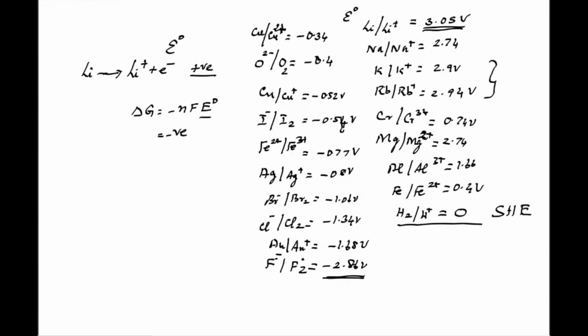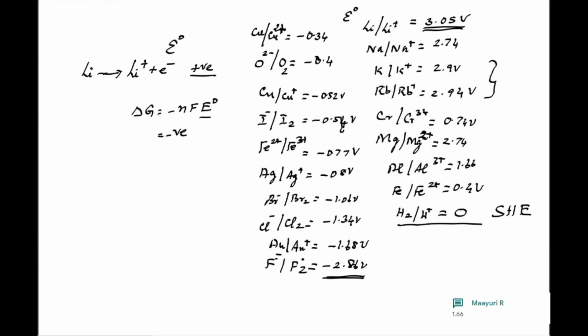Your main aim is, whatever potential is given, convert it to the oxidation potential, because we are practicing only in terms of oxidation potential. If you have already studied reduction potential, you keep it as such. But here, if you have not studied like that, you convert all the potentials into oxidation potential.